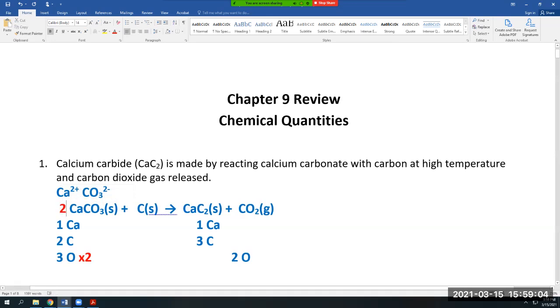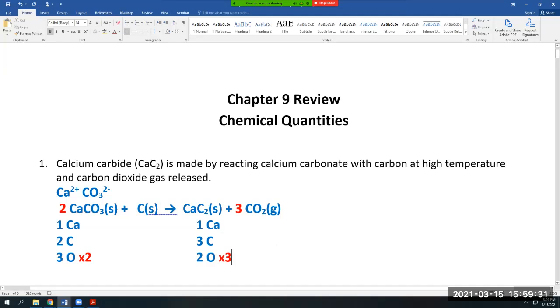So that 2 times 3, the subscript, will make 6 oxygen on the left. And on the right, to make it 6, we need to multiply by 3. That 3 will go in front of CO2, because that's the molecule that has the oxygen. And 3 times 2, the subscript, is going to be 6.